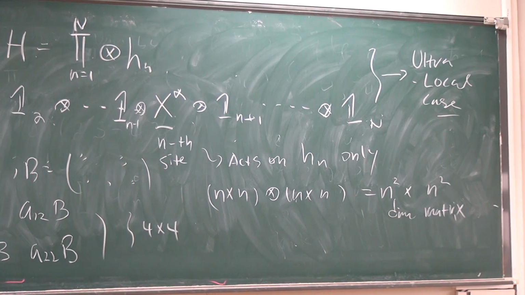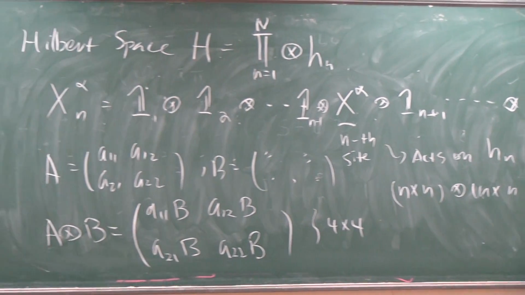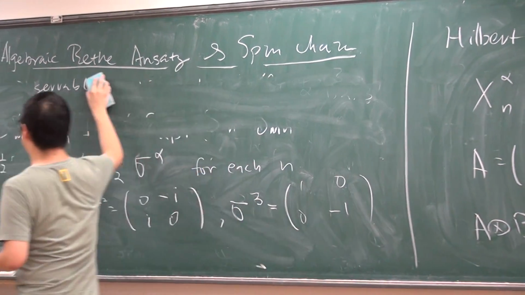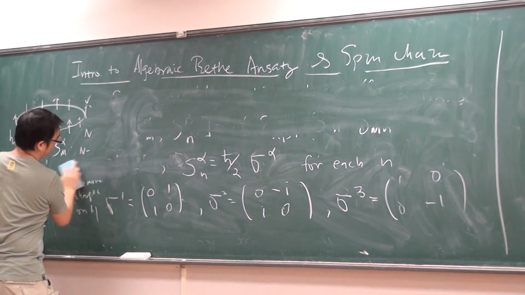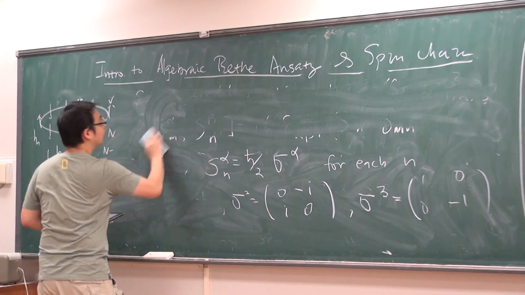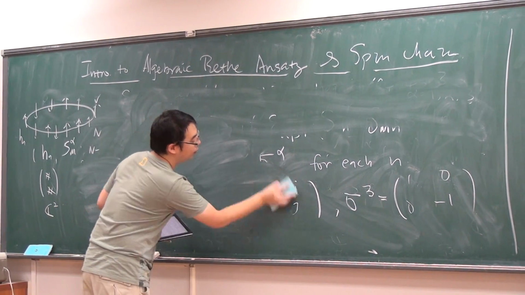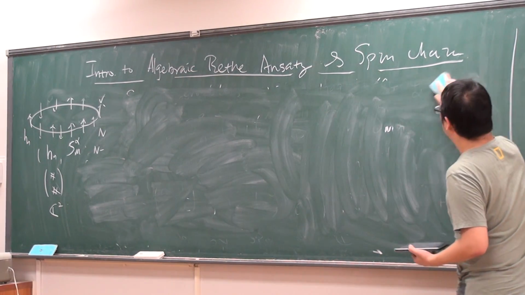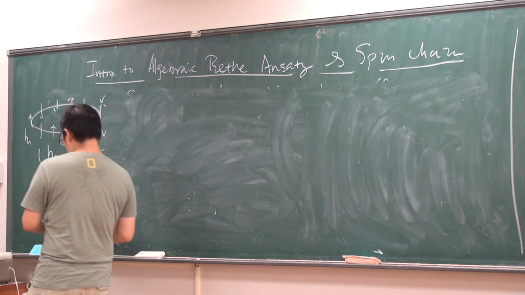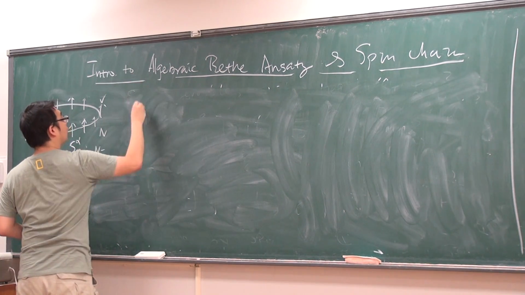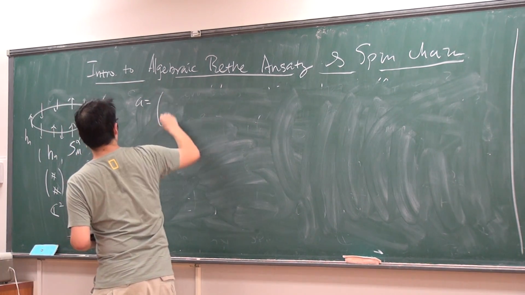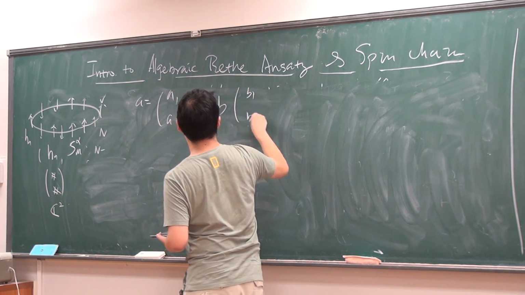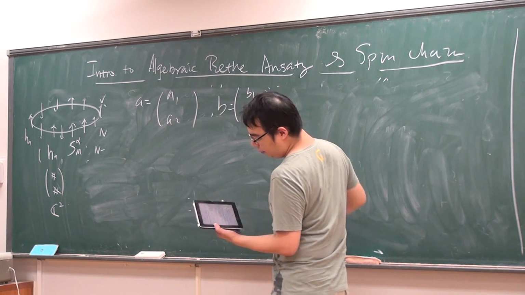Because I'll be using this tensor notation quite heavily in the subsequent discussion, I'm going to get this out of the way. So for example, some vectors A1, A2 and B1, B2, all of them complex.